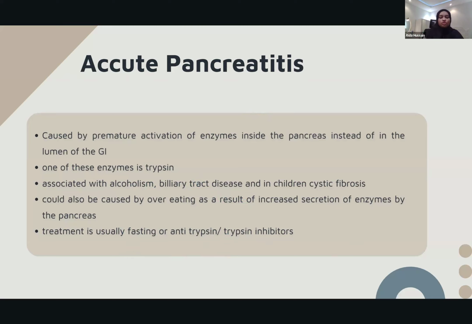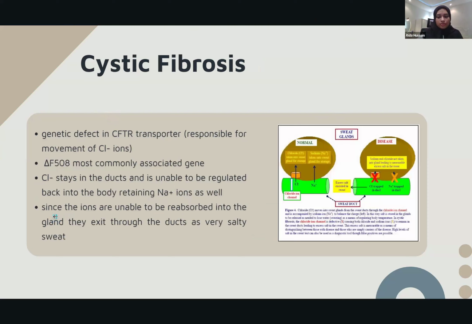So the ratio is 6 to 1: 6 men are affected, whereas 1 woman is, if they're alcoholics. And the ratio for biliary tract disease is 1 to 3, 1 being men, 3 being women. So 3 women versus 1 man with biliary tract disease would be affected by acute pancreatitis. I'm pretty sure it's not that important, but please do remember just for your own sake.